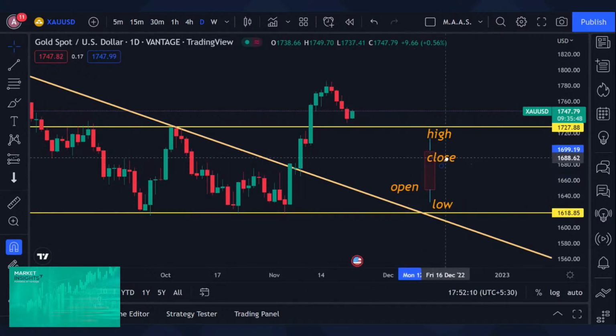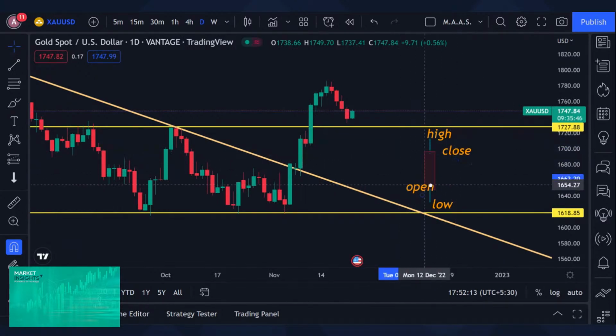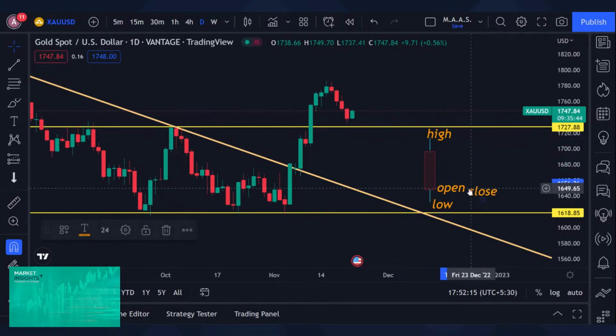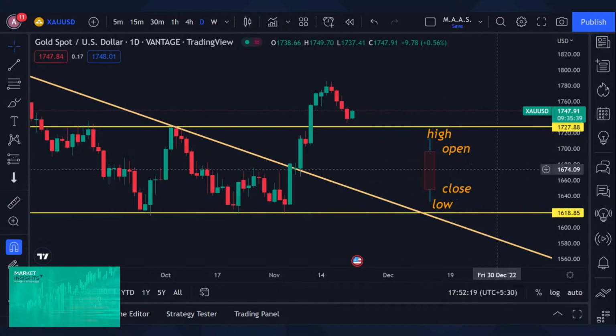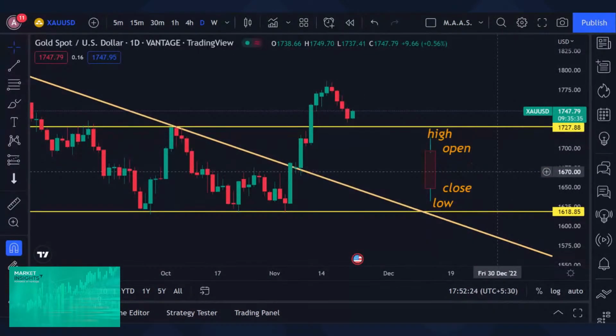What will happen to the open and close? It will get reversed, obviously. The price opened at a higher price and it closed at a lower price, right? So this is the understanding behind a candlestick. This is particularly for those who are beginners.